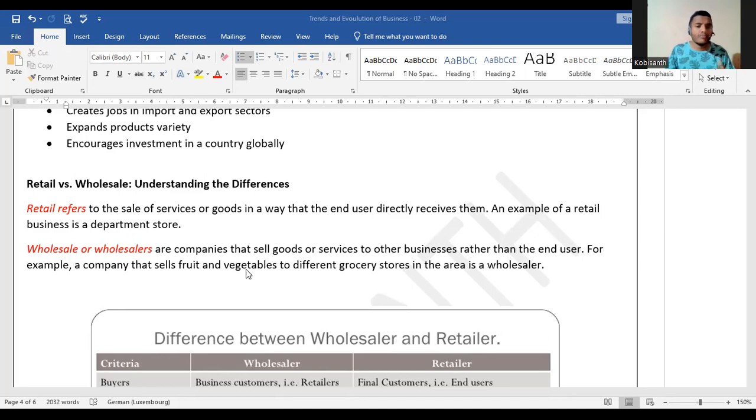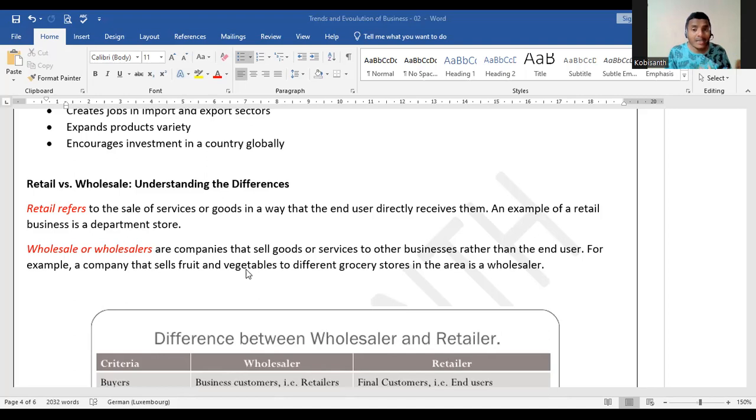So what is wholesale? Wholesale or wholesalers are companies or individuals that sell goods or services to other businesses or other individuals rather than the end user. For example, a company that sells fruit and vegetables to different grocery stores in the area is a wholesaler.